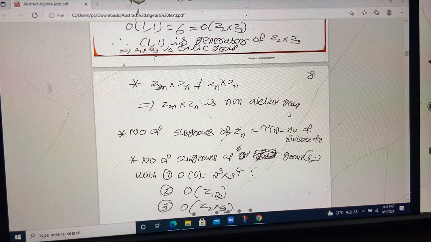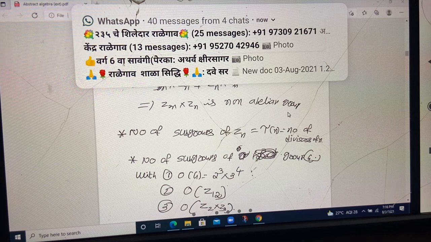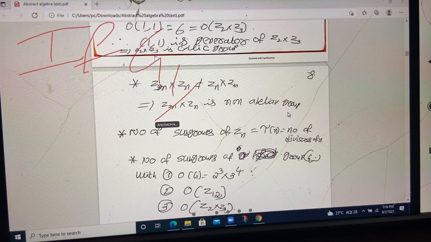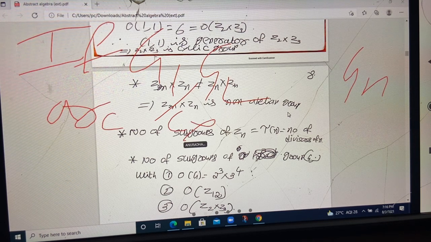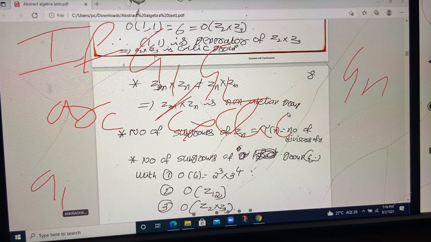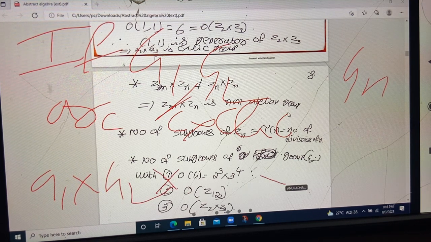If G1, G2, and so on to Gn are cyclic groups, then G1 cross G2 cross and so on up to Gn need not be cyclic. Need not be means maybe, may not be.